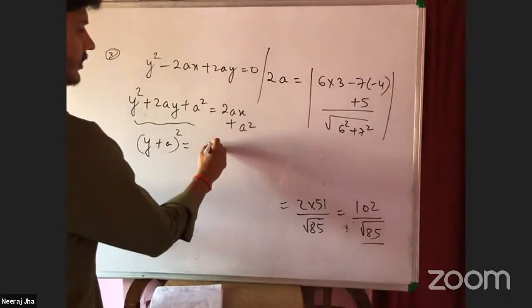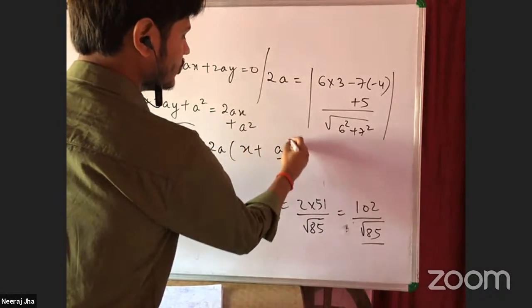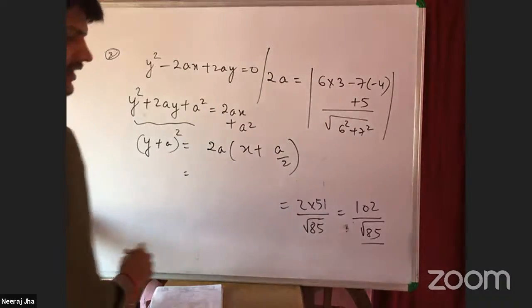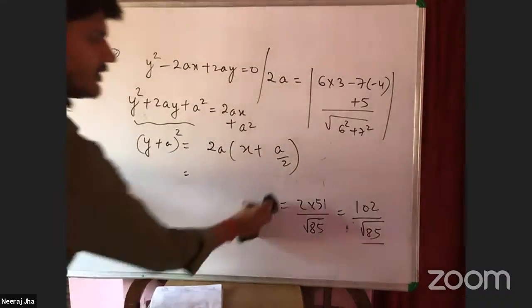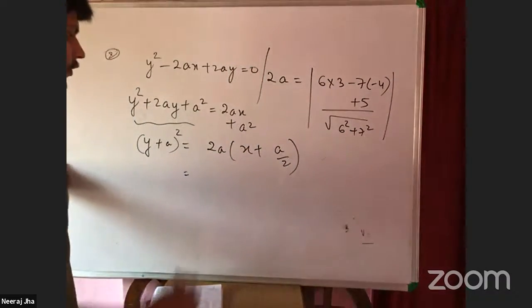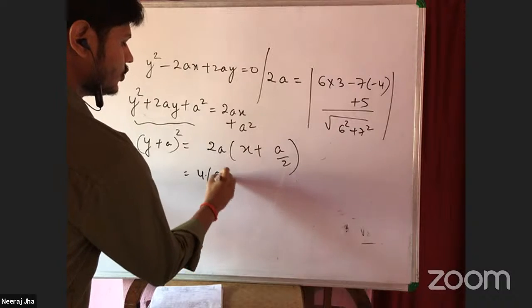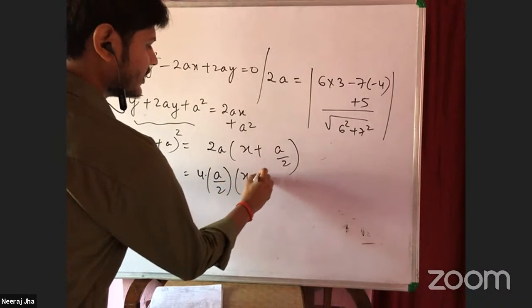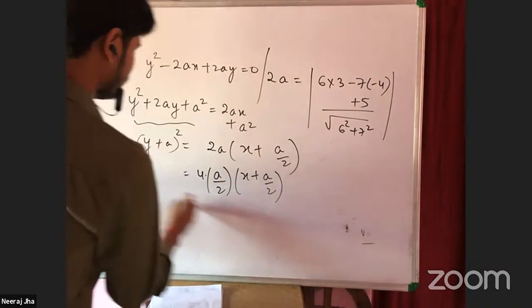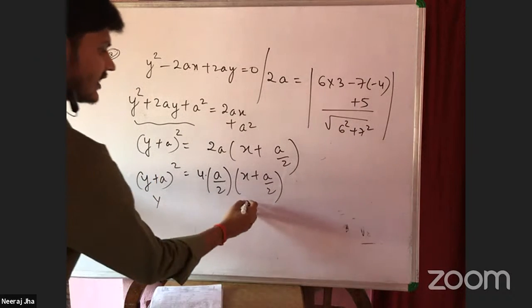Take 2a common and you get x plus a by 2. We can write this as 4 into a upon 2 into x plus a by 2 equals y plus a whole square. Hence, this is capital Y and this is capital X.